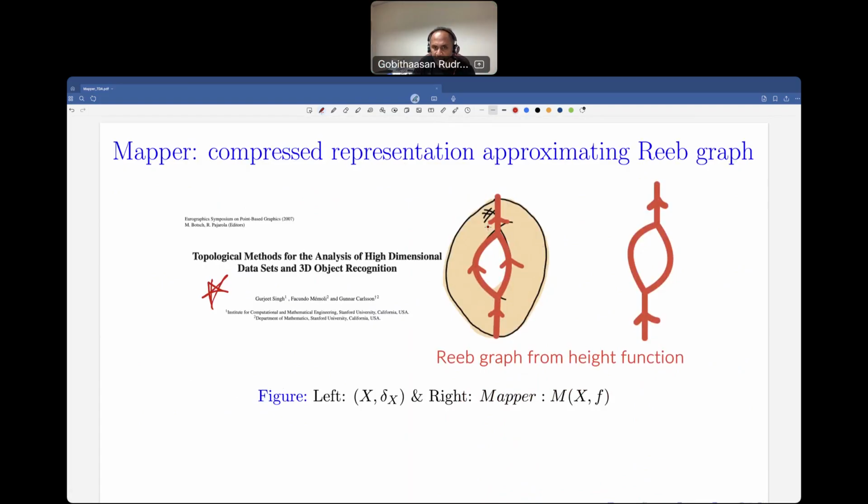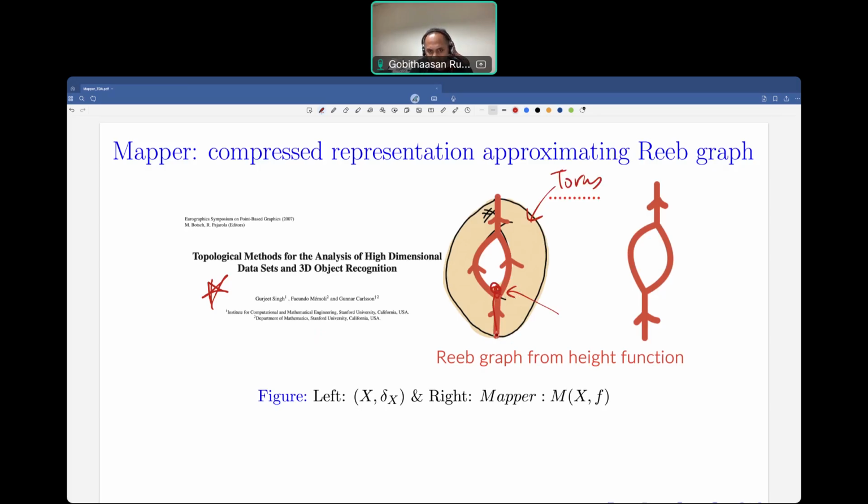Given, for example, a donut shape, this is a Reeb graph. The Reeb graph is a very simple representation of the point cloud, which represents a torus. So as you move on top, there is a critical point, and it breaks into two.